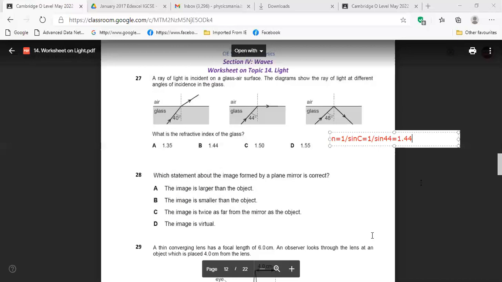And for that one, the angle of refraction is 90 degrees. Is it clear? The light rays are going from denser to rarer medium. They're showing glass to air. It's going from denser to rarer medium.